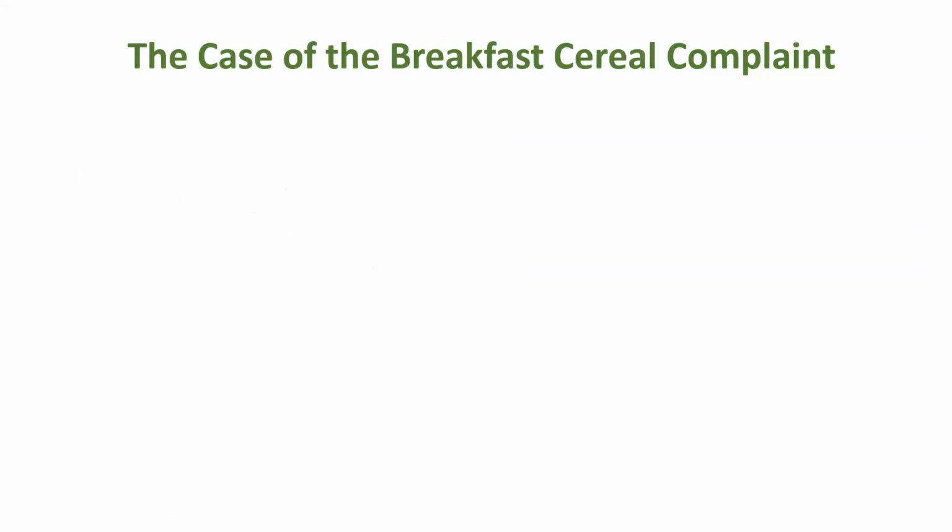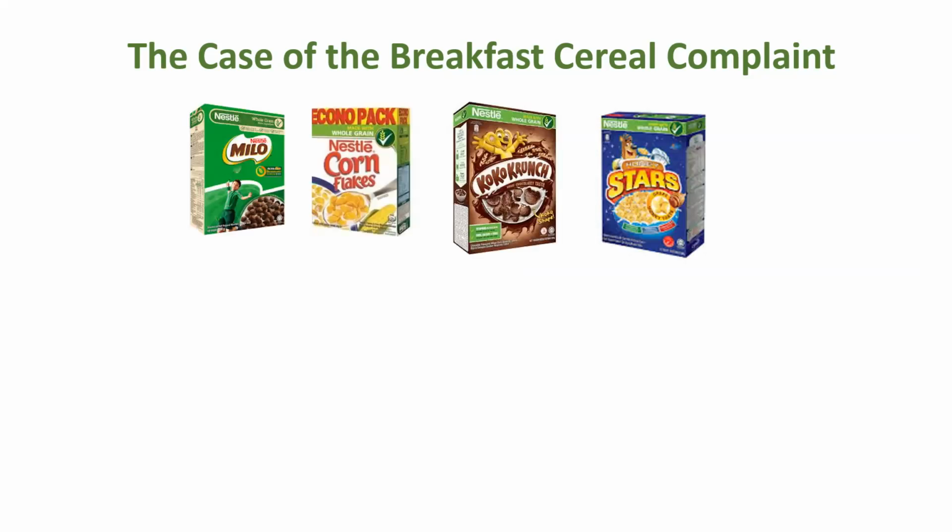Now, this is the case of the breakfast cereal complaint. I was in a breakfast cereal production plant. Breakfast cereal is produced in the Shah Alam factory, and we have these 4 main varieties, and they are all packed into a paper pouch, and then it goes into these boxes.